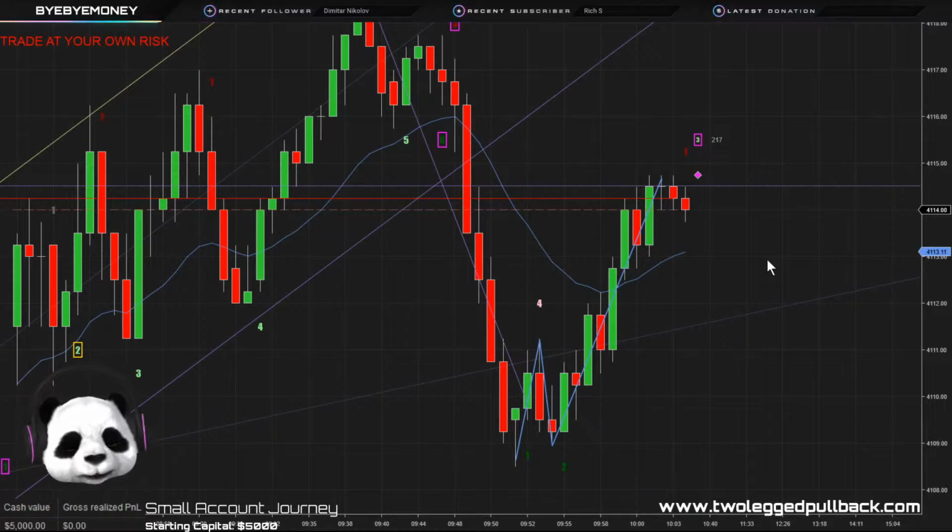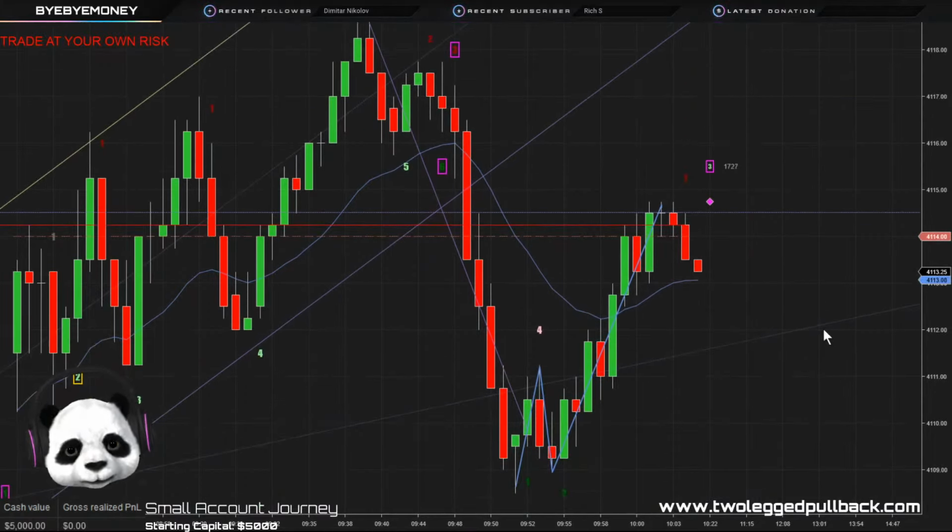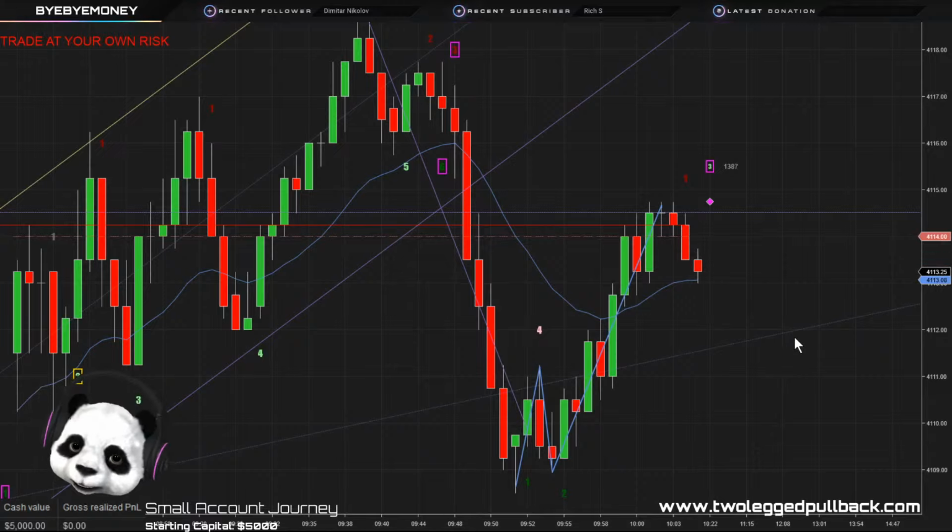We want that 90%. Potentially might look for a lower high setup here, but we'll see. We'll see how the candles look.